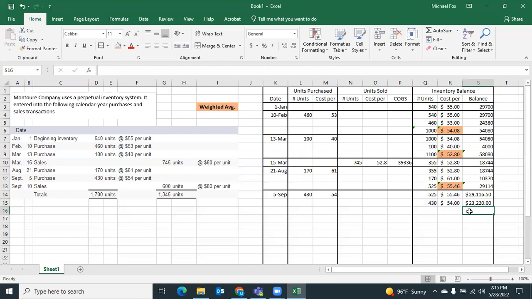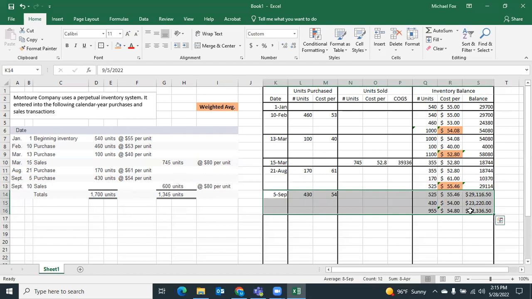Then we'll calculate our average cost again by finding the total cost and total number of units, and then we'll just divide total cost by total number of units. That gives us a new average cost of $54.80.